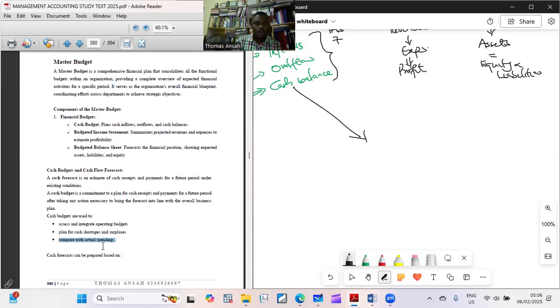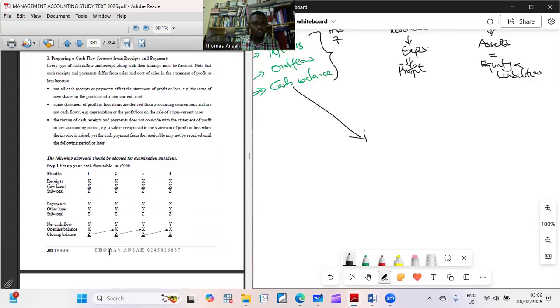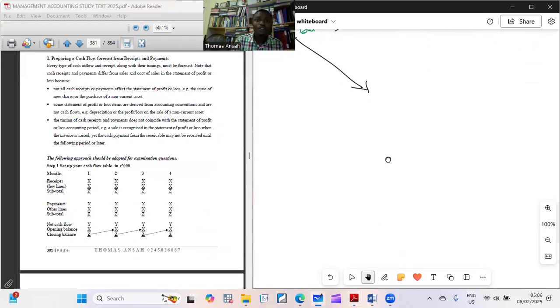So how do we prepare the cash budget? You need the receipts and payments side, and that is the most important thing. The format looks something like this, but I'm going to expand it for you, because we are looking at everything in cash.